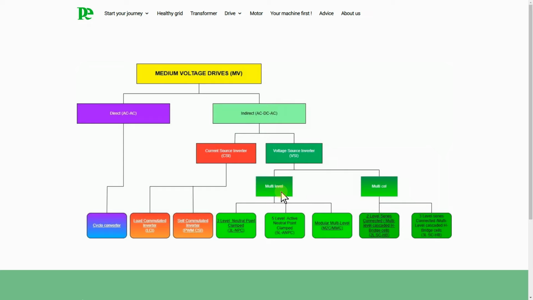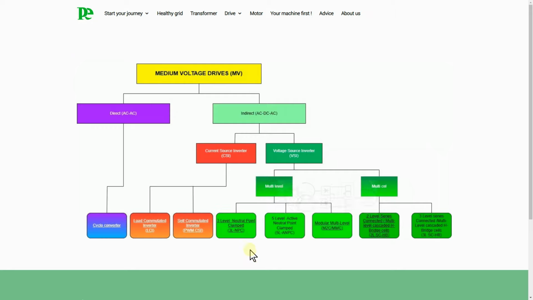In the multi-level topology, the output is achieved through PWM switching of multiple levels in the DC bus. The 3-level and the 5-level VSIs are straightforward examples of this DC switching from 3 or 5 levels.